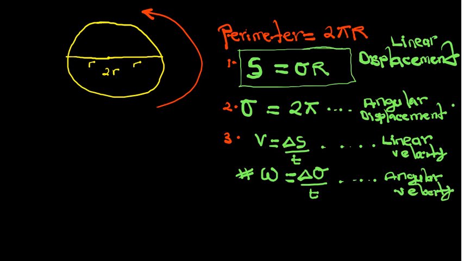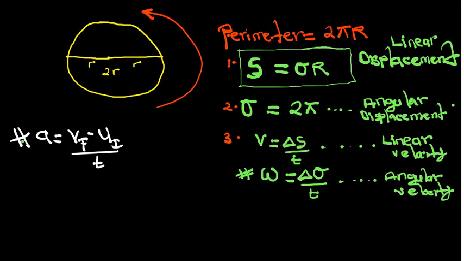Perfect. There we go. What other things are we going to talk about here? We're going to talk about acceleration. When it comes to the linear acceleration that we know, the formula is this. Acceleration is given by the final velocity minus the initial velocity over the time, or v2 minus v1 divided by time. That is what we're calling linear acceleration.